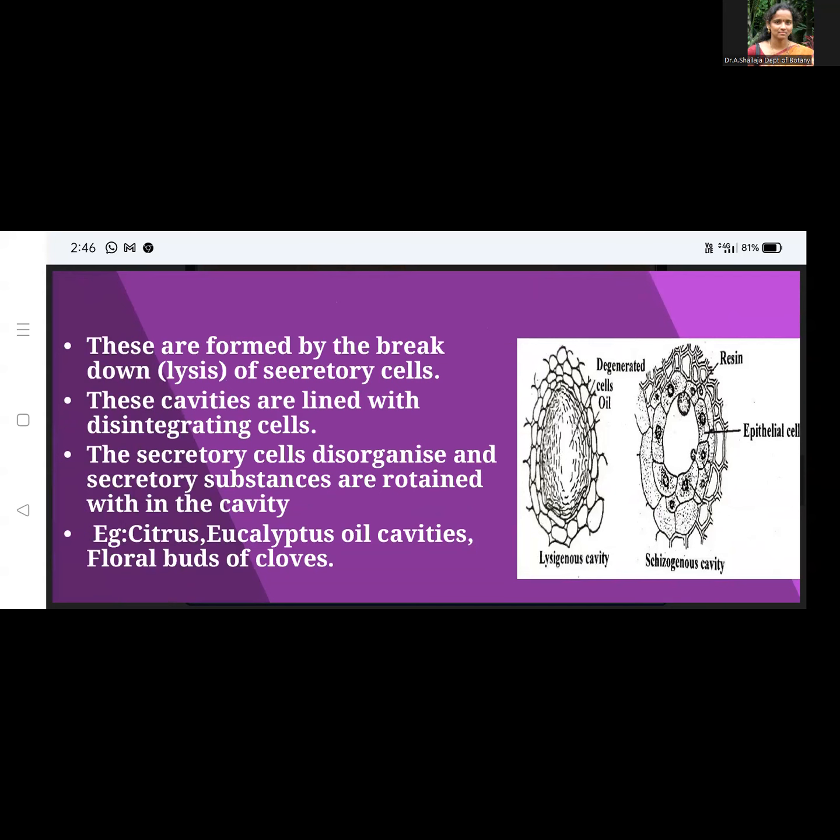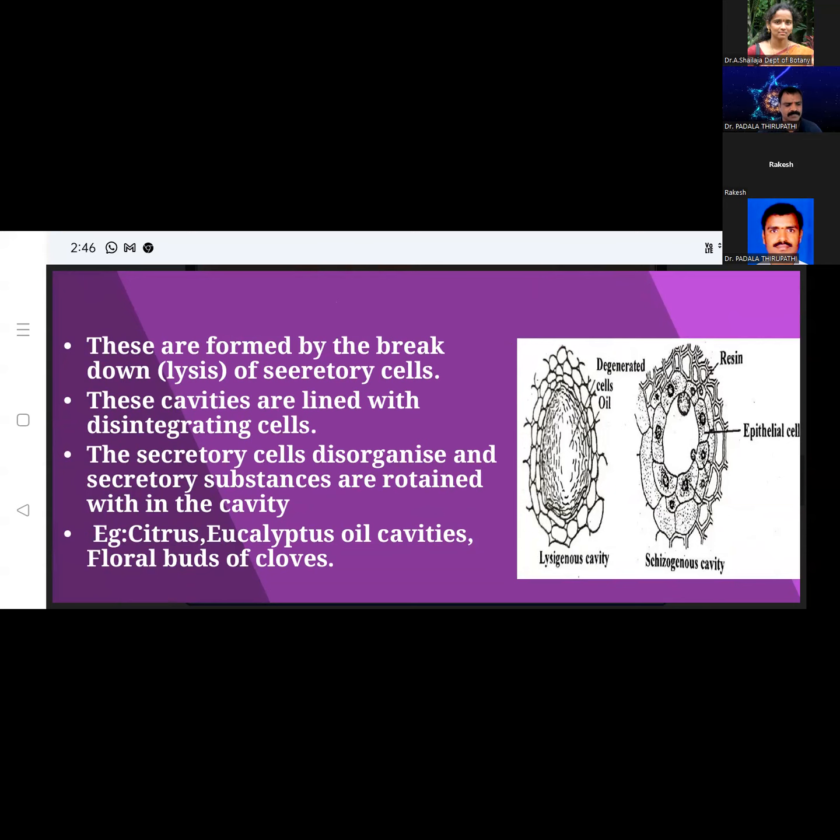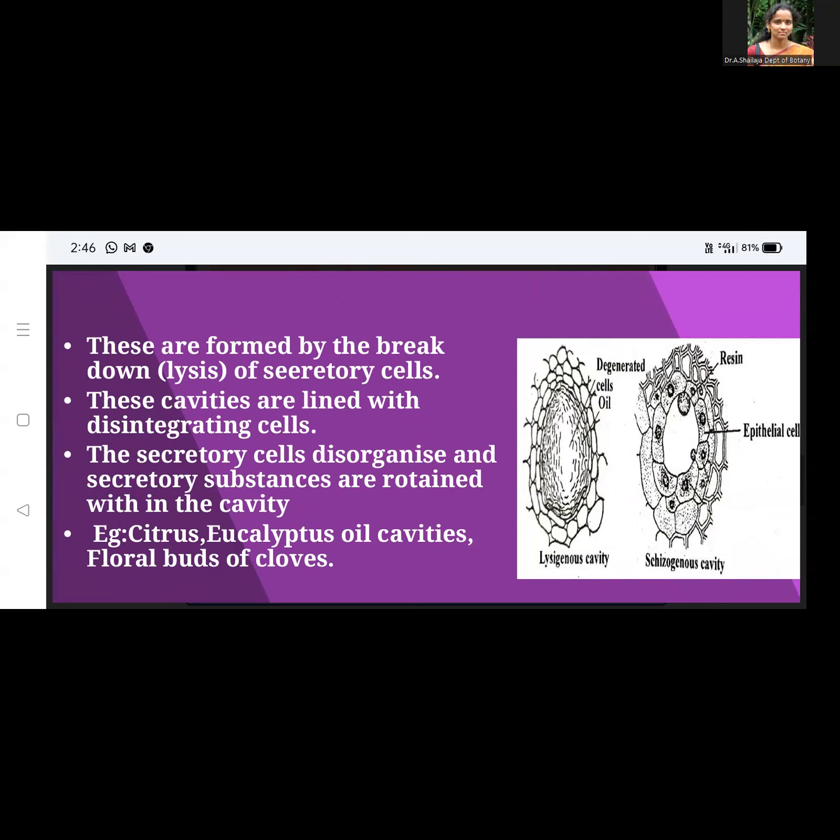These cavities are formed by the breakdown or lysis of secretory cells. The secretions of the glandular cells are released into the cavity formed from such breakdown. These cavities are lined with partially disintegrated cells.